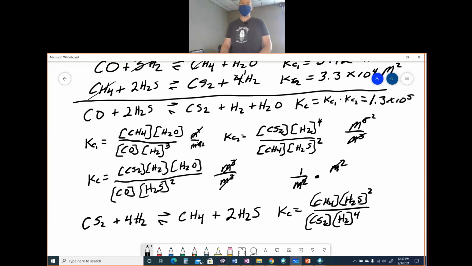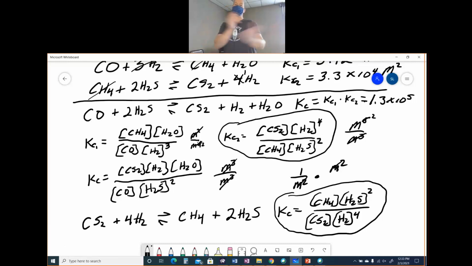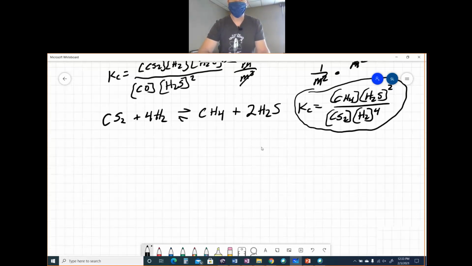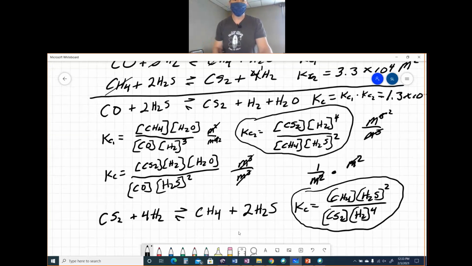And you look at that setup and you look at the setup that you had before. Here is the original Kc reaction and its expression. And here is now the Kc for this reaction after we reversed it. You see that the products are now reactants, the reactants are now products. We invert the K value. So you must know that when you reverse a reaction, you invert your K value. We grab our calculator and we invert the 3.3 times 10 to the fourth.